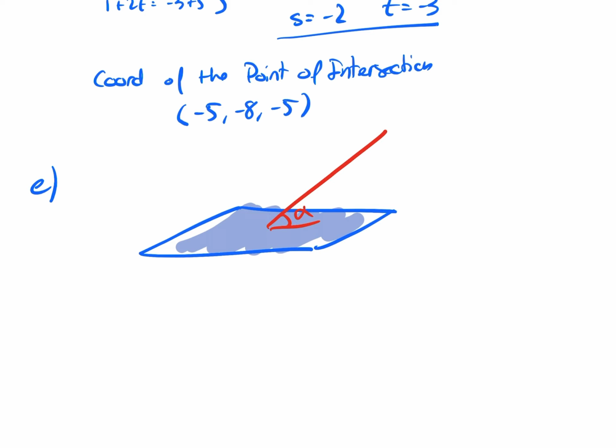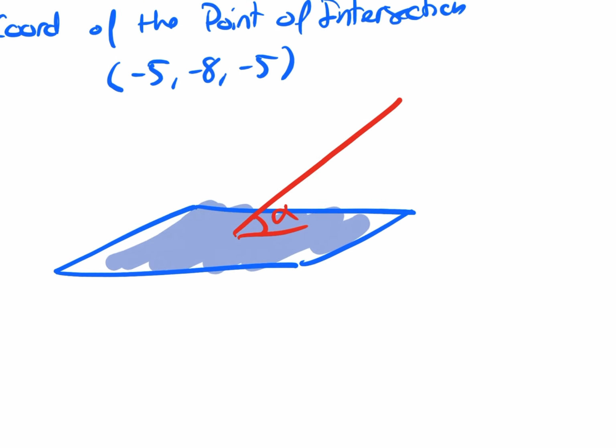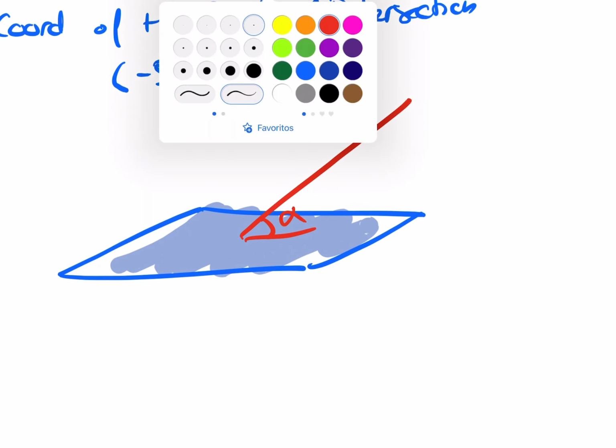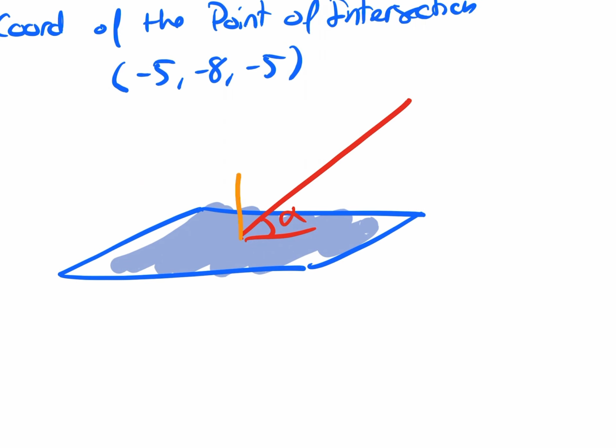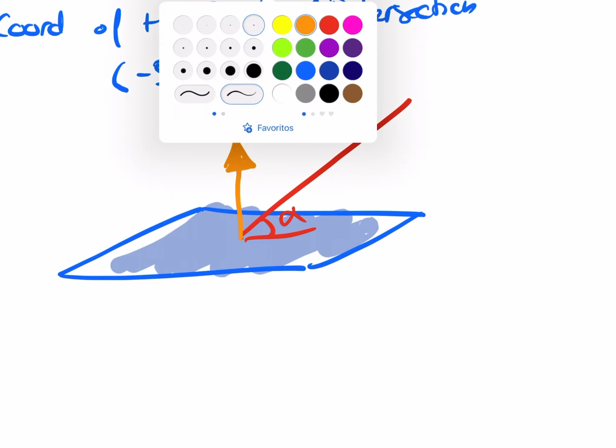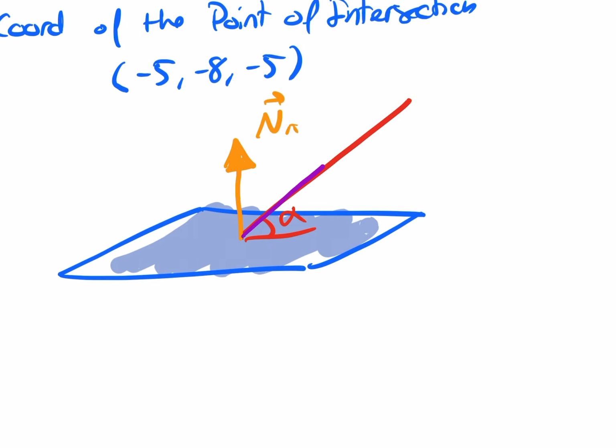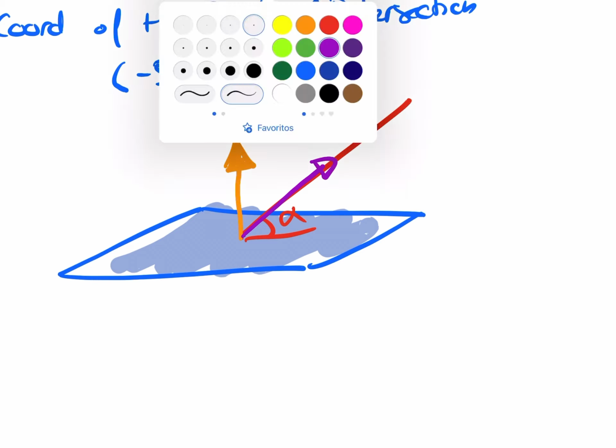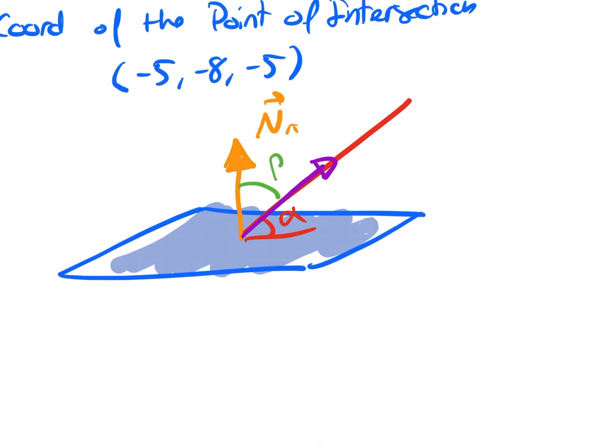But that angle is a bit difficult to find. We don't have tools if we don't go to trigonometry. So the easy approach here is using a vector that is perpendicular to the plane. Remember, the normal vector to the plane. And if we get that vector and the direction vector of the line, we can easily find the angle between the line and the normal vector to the plane.